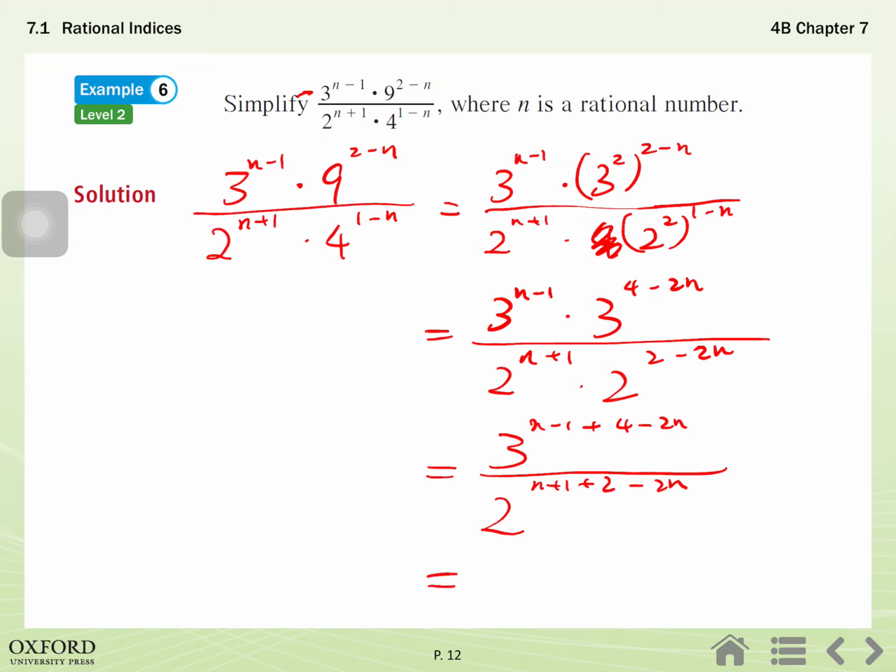Now you can combine them. So you will have 3 to the power 3 minus n. And 2 is this 3 minus n as well. Nice. Okay, and then you can say this answer.